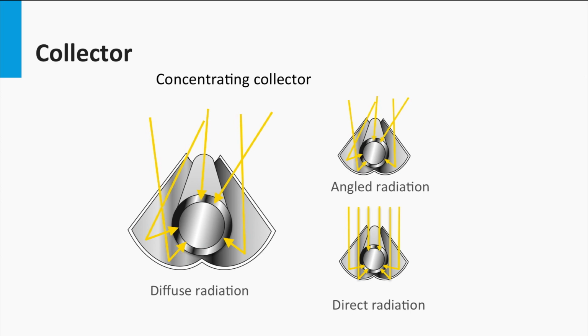This is done by interposing an optical device between the source of radiation and the energy absorbing surface. The small absorber will have smaller heat losses compared to a flat plate collector at the same absorber temperature. This configuration requires a tracking system to maximize the incident radiation at all times.